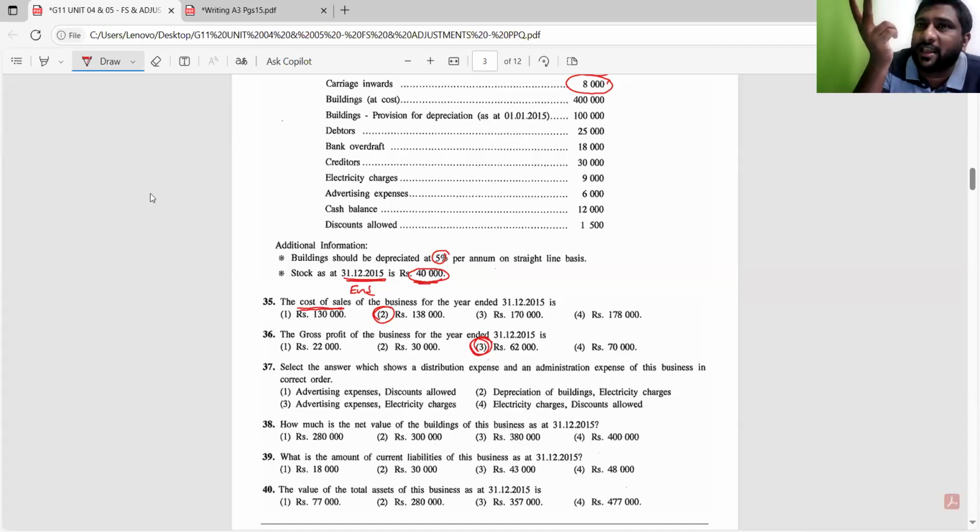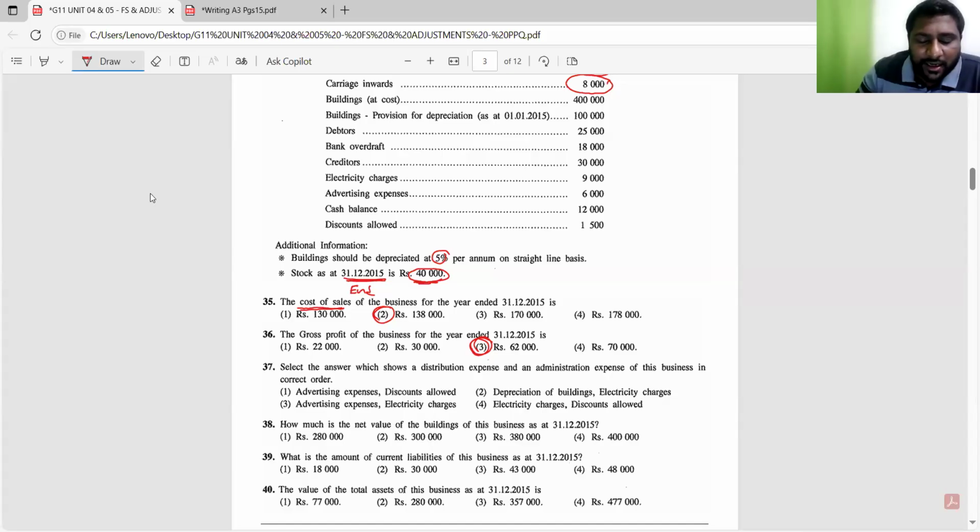Customer related expenses like discount given and bad debts are distribution expenses. Admin expenses are electricity, water, insurance, audit fees, building rent. These are the things that come under admin expenses.